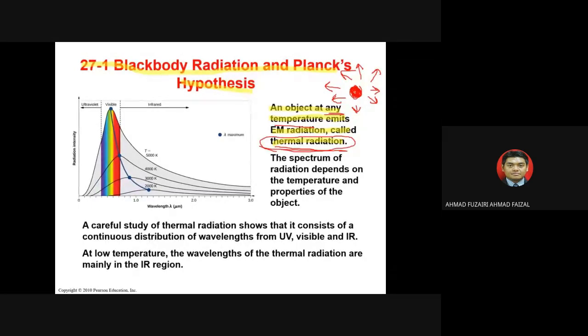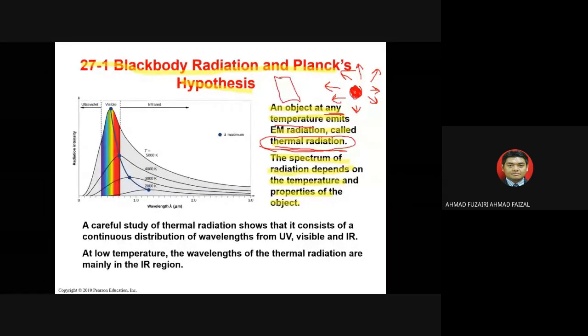The spectrum of radiation depends on the temperature and properties of the object. Say you have a device that can capture the intensity of the outcoming radiation and also the wavelength.